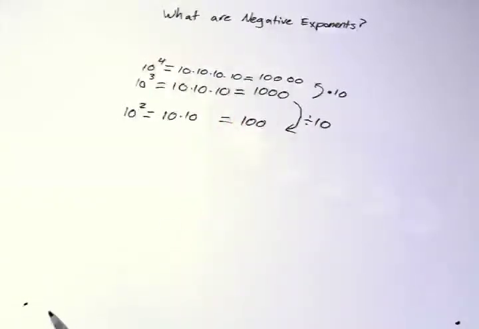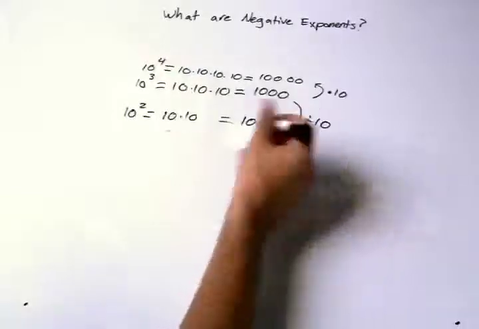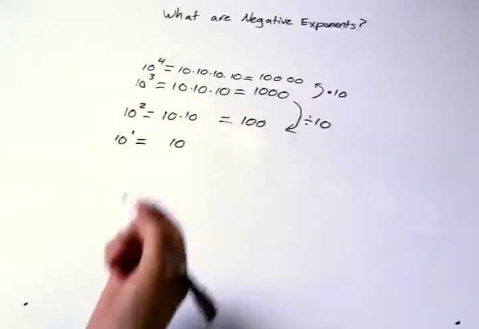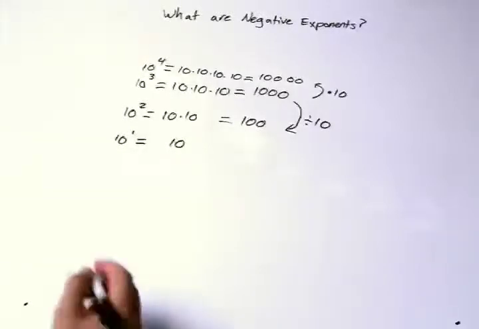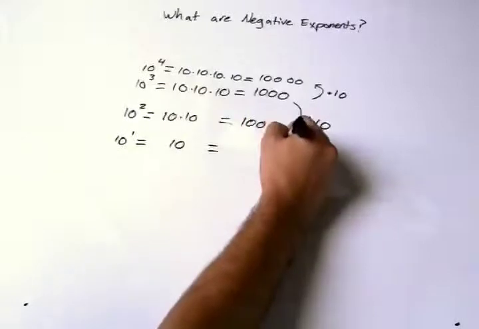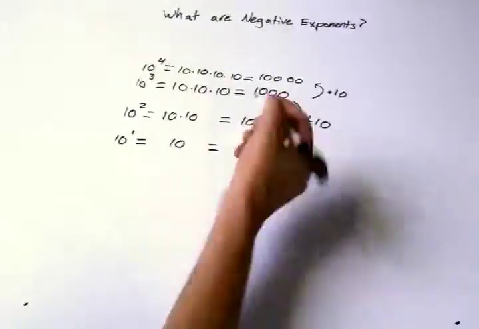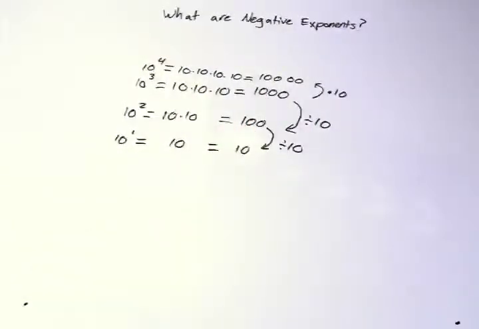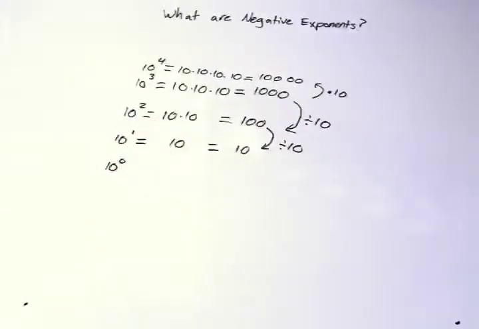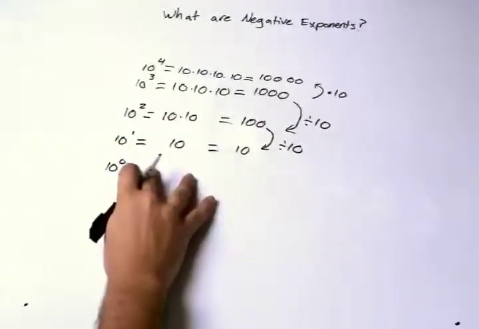Okay, so let's keep following that same pattern of dividing by 10 each time as I go down. 10 to the first, that one's easy. It's just 10 times itself 1 time. There it is. Notice, still the same pattern. I'm dividing by 10 right there to give me this. Okay? Now the next step makes sense. 10 to the 0 power is kind of an abstract idea.